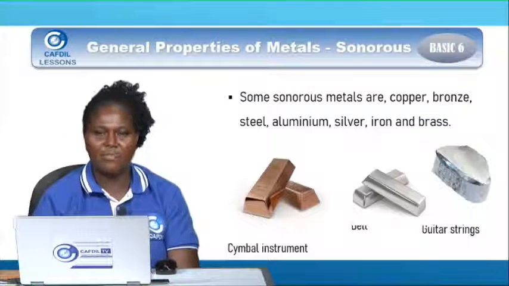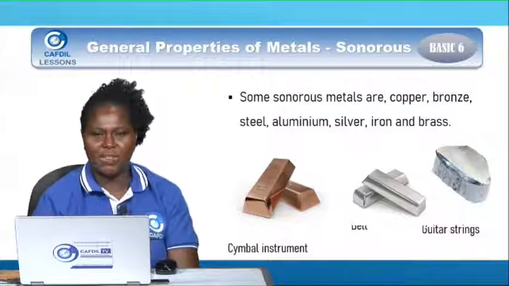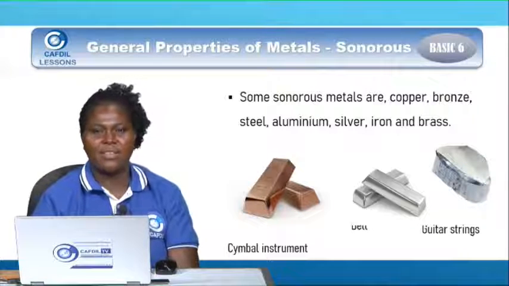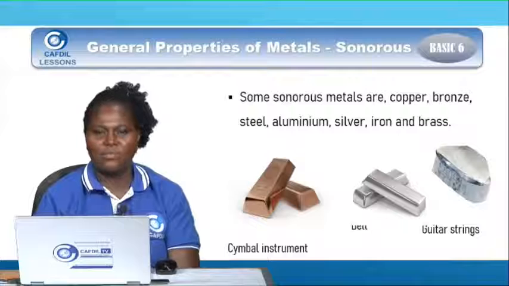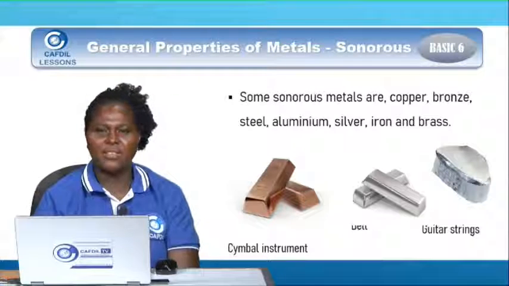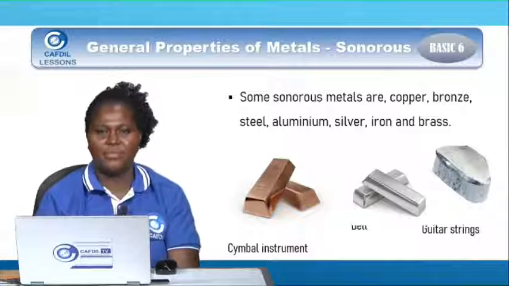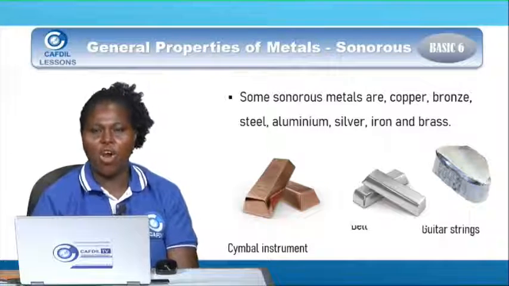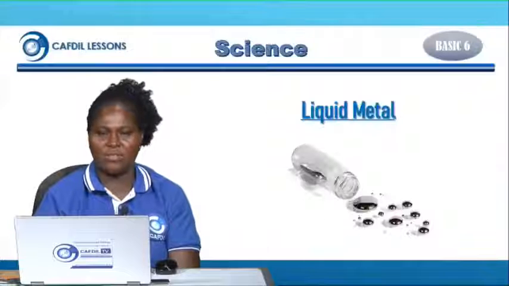So we have the pictures on our screen. A cymbal instrument, we have the bell, and then the guitar string, and we have the metals on our screen. So these metals show the property of sonorous.